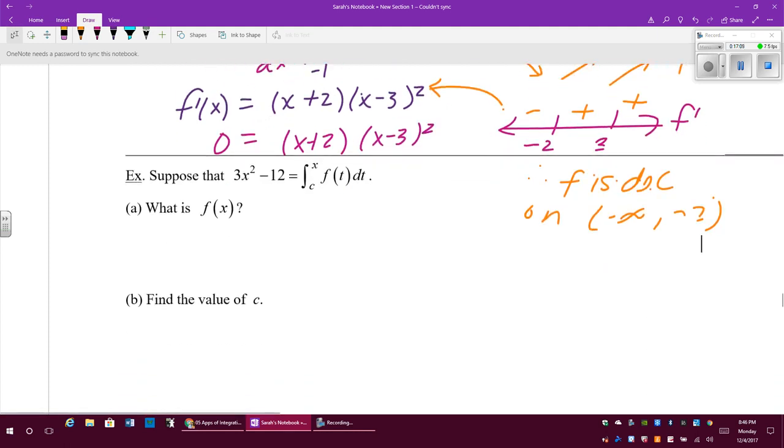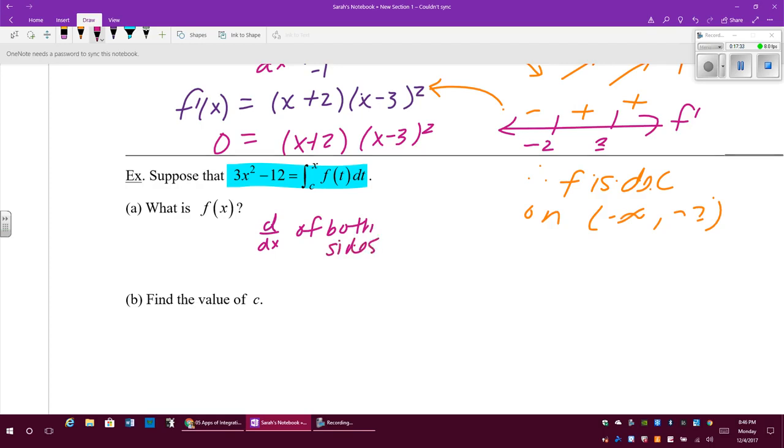So in this next example, I have a function defined by integrals, but it's kind of goofy, you've got 3x squared minus 12 is equal to this big gross thing, and it wants to know what is f of x. So, kind of weird, but here's what we're going to do. I want you to take d/dx of both sides. Now watch what's going to happen.